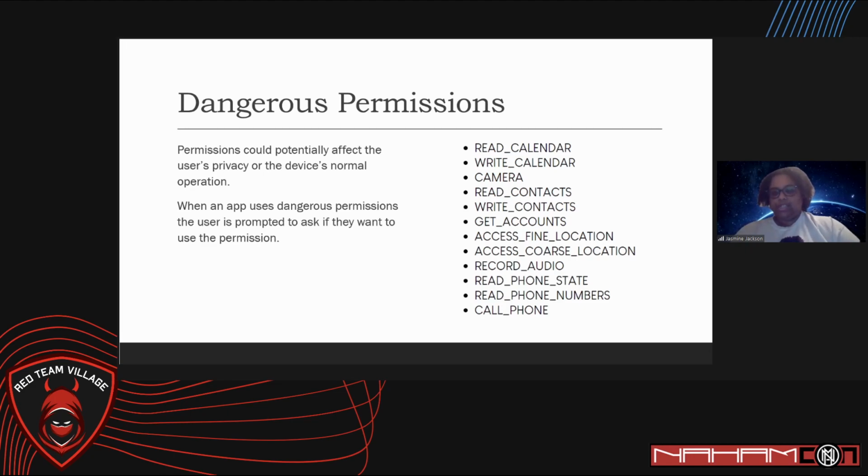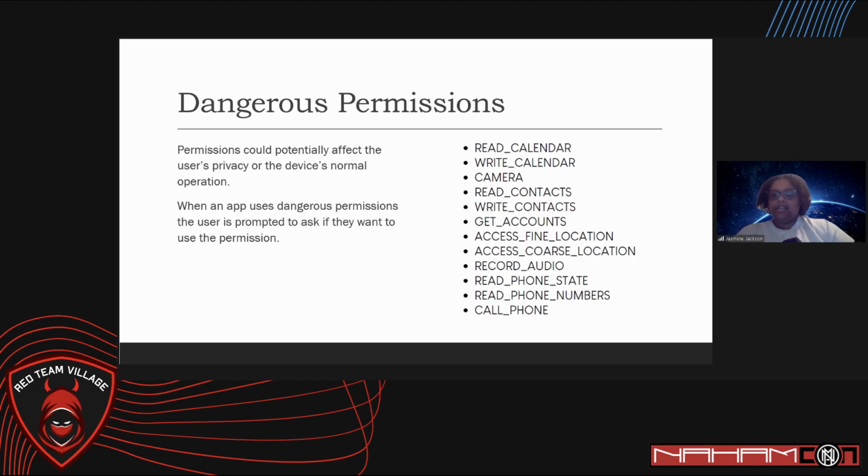And I'm going to show an example in a little bit. But some dangerous permissions are read calendar, write calendar, read contacts, write contacts, record audio, read phone state, call phone. These are all the things that could change the normal operation of your device or privacy.